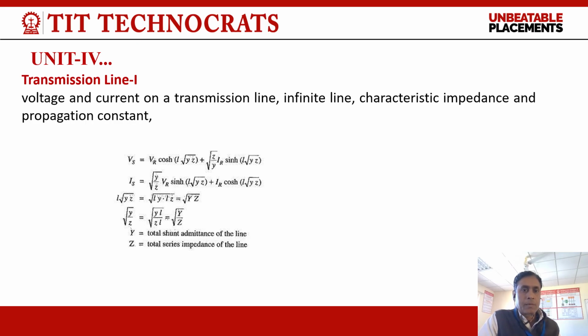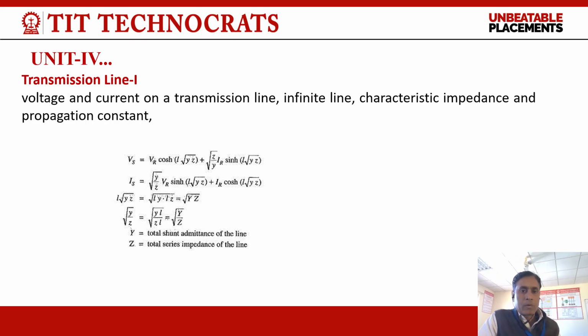So these are the formulas: Vs is equal to Vr cosh(l root(yz)) plus root(z/y) Ir sinh(l root(yz)), and Is is equal to root(y/z) Vr sinh(l root(yz)) plus Ir cosh(l root(yz)). Y means admittance and z is impedance.